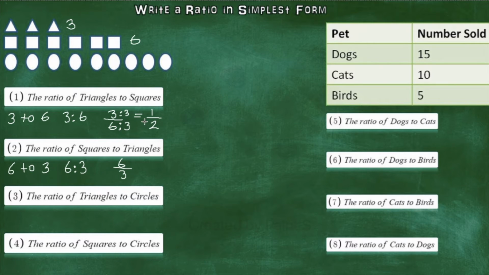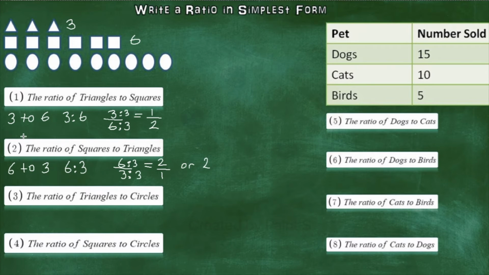As we did for the previous question, we should simplify if it is possible. So let's divide both numbers by 3. 6 divided by 3 is 2. 3 divided by 3 is 1. We may leave that as 2 over 1 or 2.